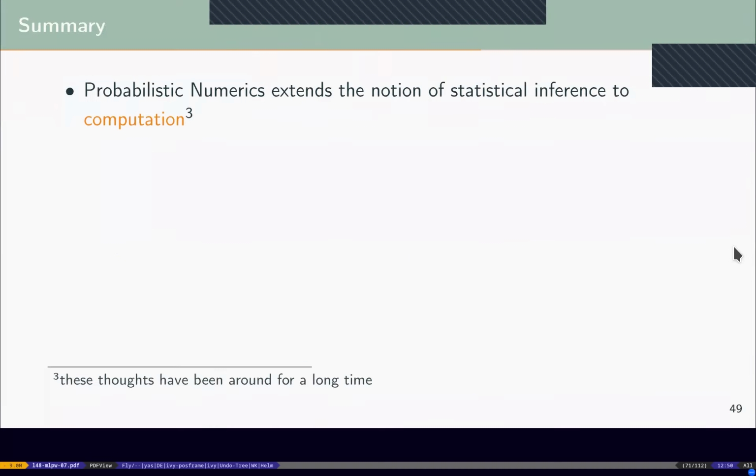So, just to wrap up, what I talked about today was probabilistic numerics. The only thing you have to think about is we just extend exactly the same thing we've done for computation. That's it, really, right? Think about the evaluation as just an observation.